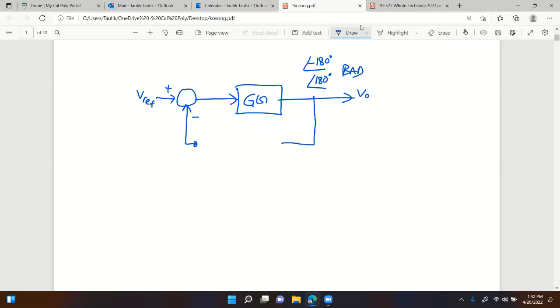Why is it bad? The reason being, if you already have 180 degrees, or let's just do minus 180 degrees, at this point when the loop is broken like this, then what happens after I connect the loop back? What do you think?